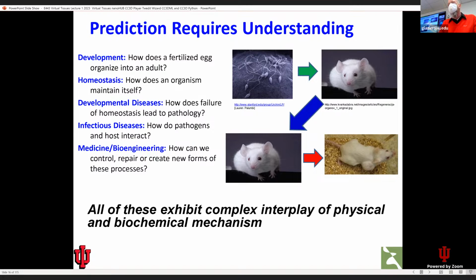Machine learning depends on the training sets that you use. And so one thing that machine learning is not good at is dealing with what are called counterfactuals. How do you deal with situations that have never happened before? By definition, if it's never happened before, it's not in your training set.